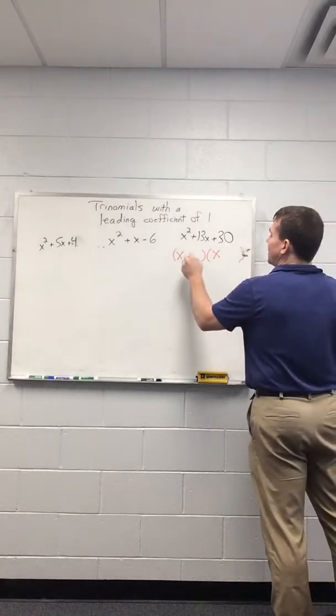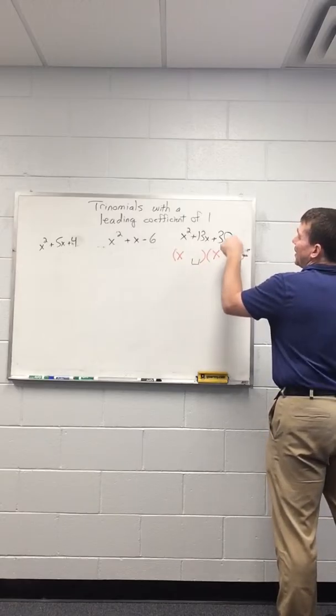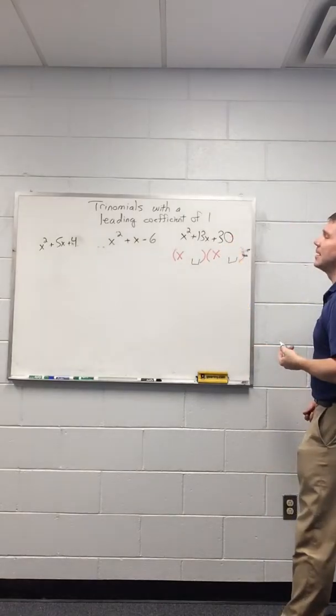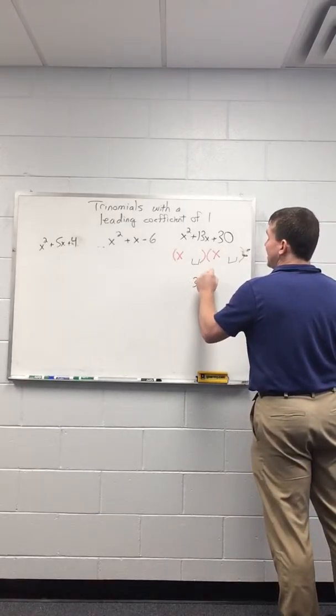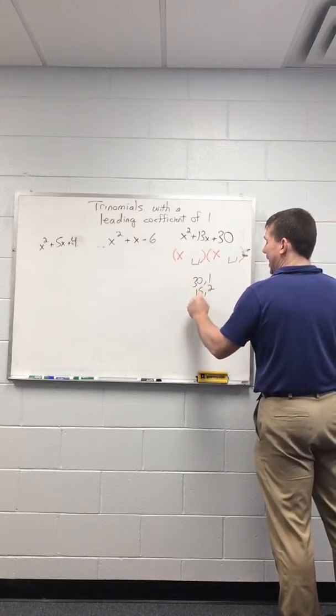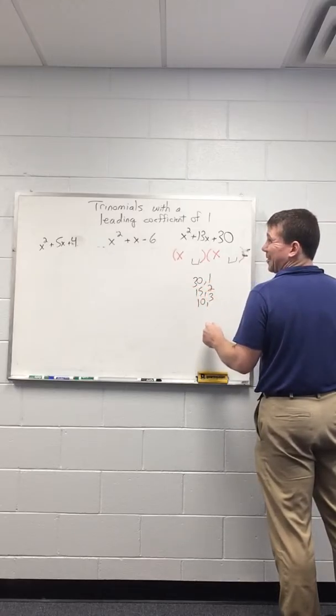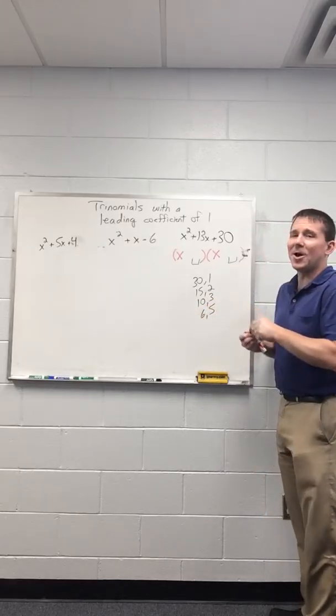Now for my second terms, right here, I know whatever they are when I FOIL, I have to end up with 30. The problem is, well, 30 times 1 is equal to 30, and 15 times 2 is 30, and 10 times 3, hopefully I get them all, 6 times 5, and that should be all of them.